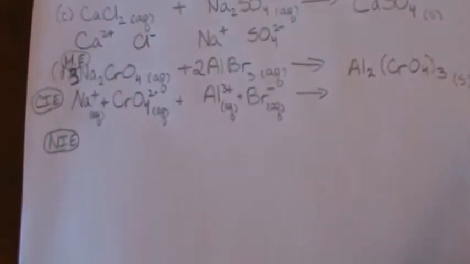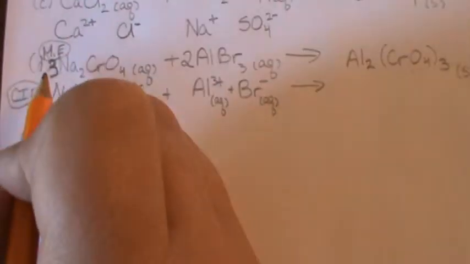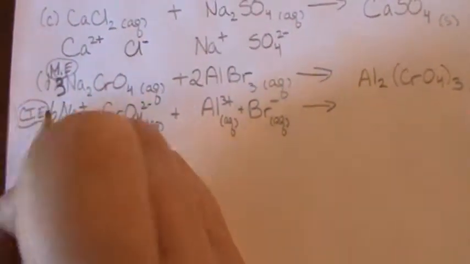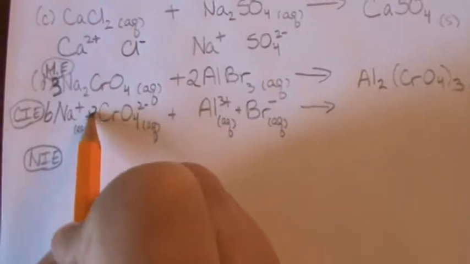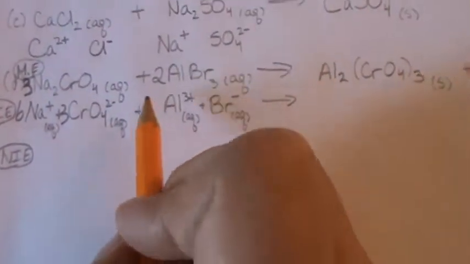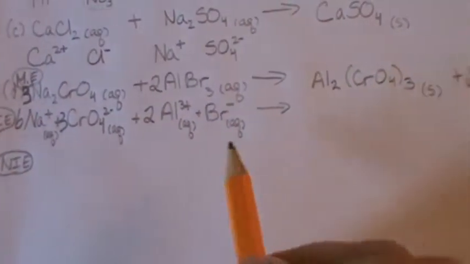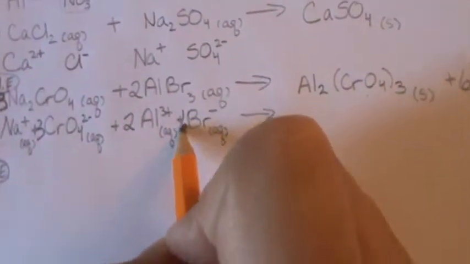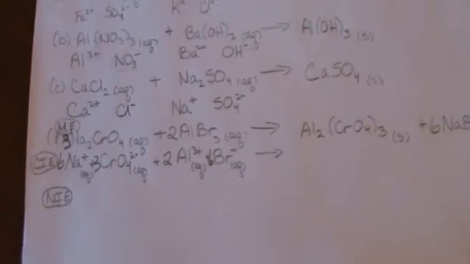Okay, so let's fill in our complete ionic now. I can just bring down, I have 3 and 2, so I have 6 sodium ions, 3 chromate ions, I apologize for getting a little squished, 2 aluminum ions, and 2 times 3, or 6 bromide ions. Now this is the complete ionic.